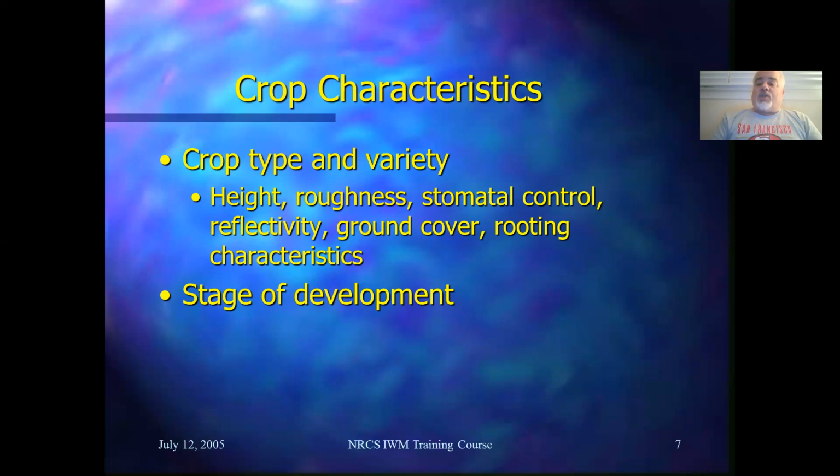At the larger stages where it's got more ground being covered by the canopy of that plant, it has more transpiration. The faster it's growing, the more transpiration. And it reaches a point where it's reaching the end of life, perhaps, or end of season if it's a perennial, and it slows down as well based on time of year.